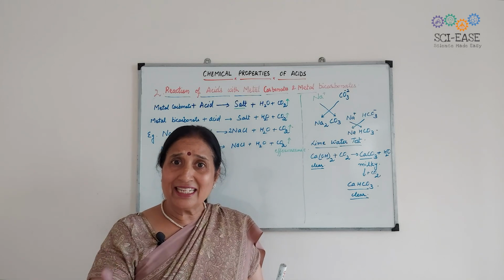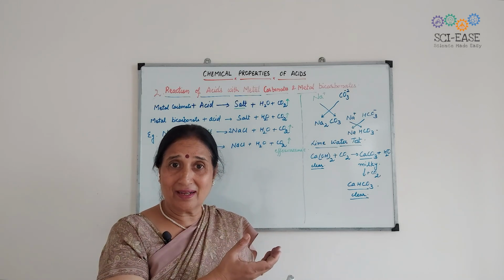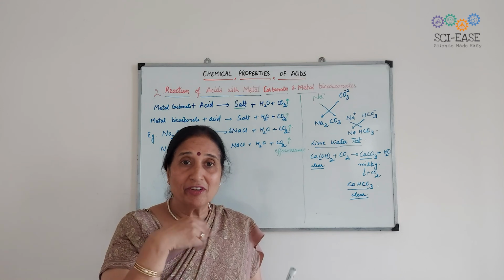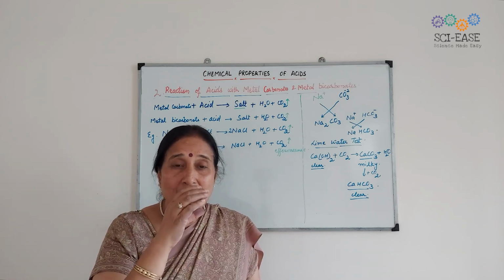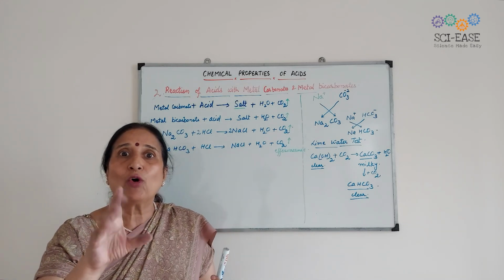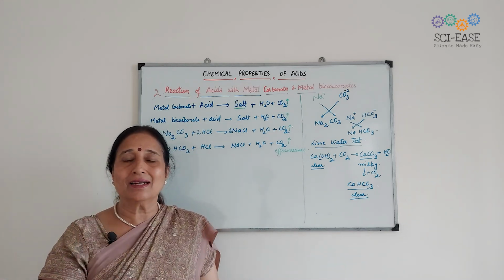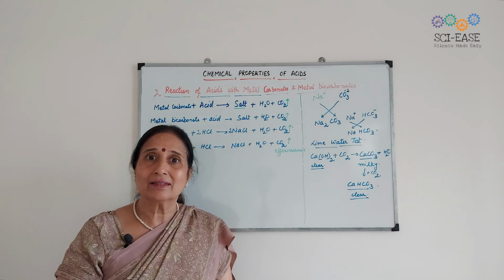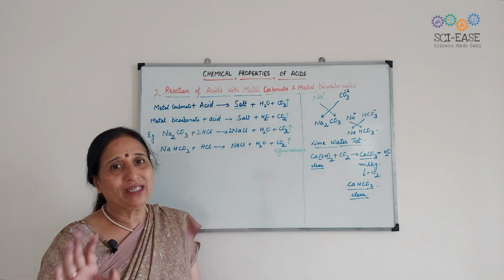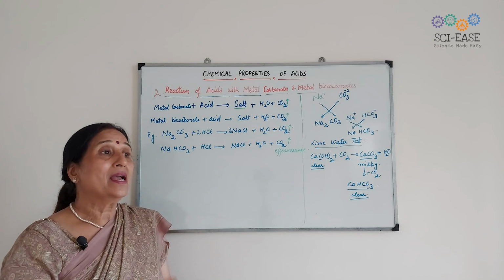We can perform this lime water test by blowing. We exhale carbon dioxide by blowing in the test tube containing lime water. What will be the result? It will turn milky. Okay? The lime water will turn milky.